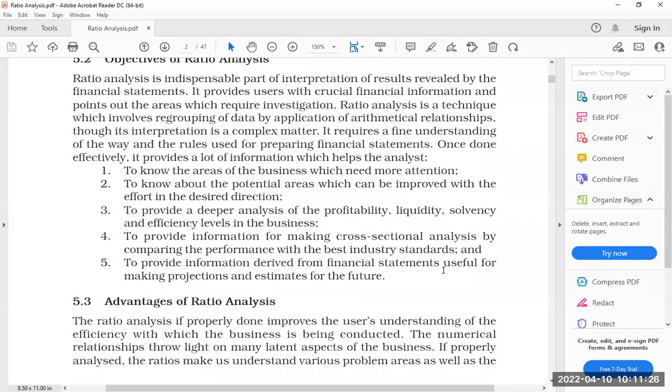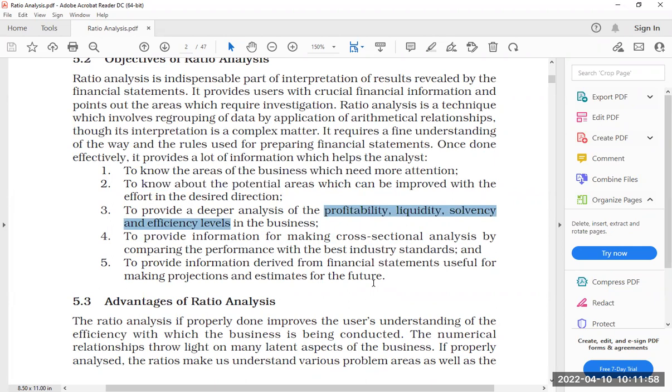To know the areas of business where the business needs to have more attention. Okay, then why do we need to have ratio analysis? Ratio analysis is helping us to know the potential areas in which I am strong enough. Then it provides a deeper analysis of profitability, liquidity, solvency, and efficiency. Please keep these 4 points in mind. This is the center of discussion for this entire ratio analysis. Ratios are helping us to know a deeper understanding about what?